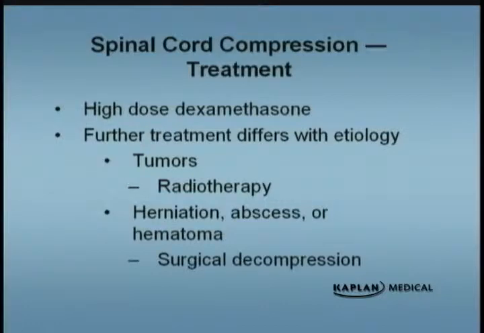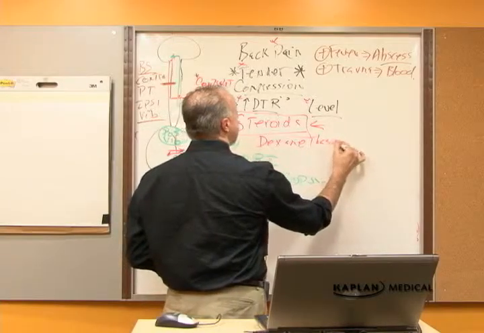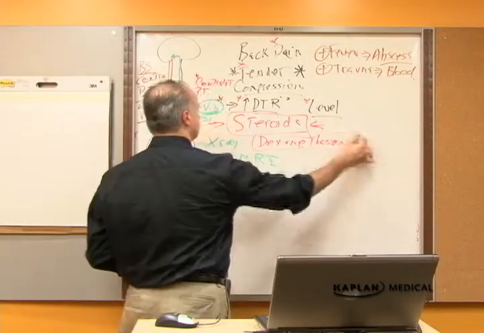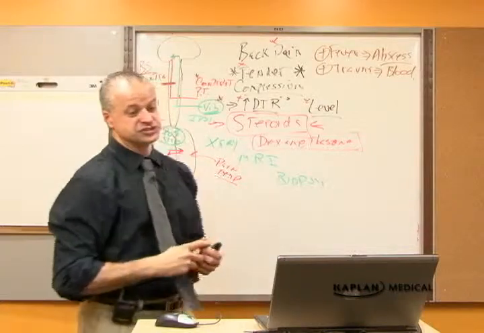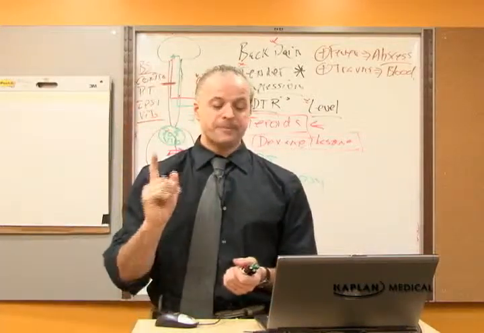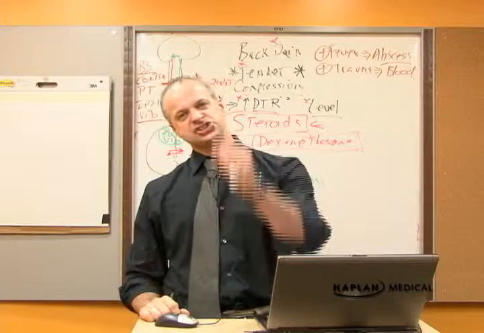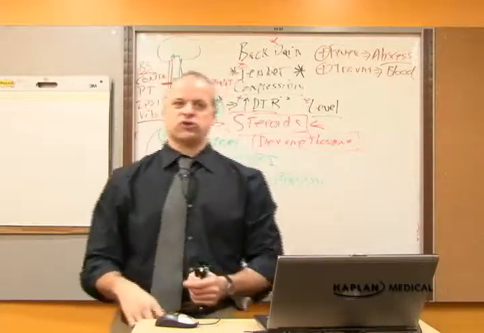Now, the treatment for spinal cord compression: high-dose dexamethasone. Why dexamethasone? What does dexamethasone have that fludrocortisone doesn't have as much, for instance? Dexamethasone has the highest glucocorticoid activity.